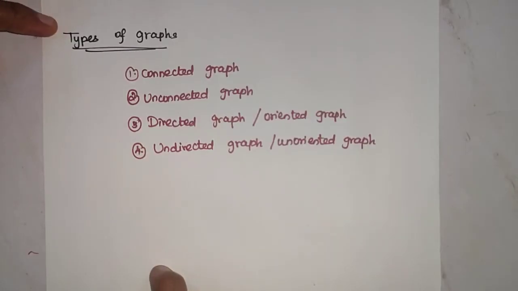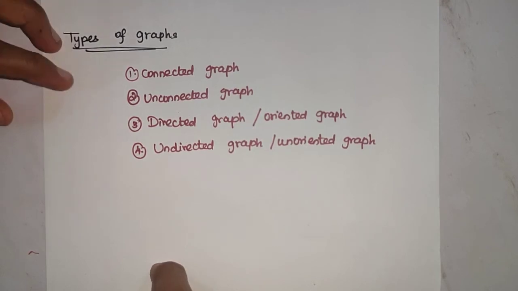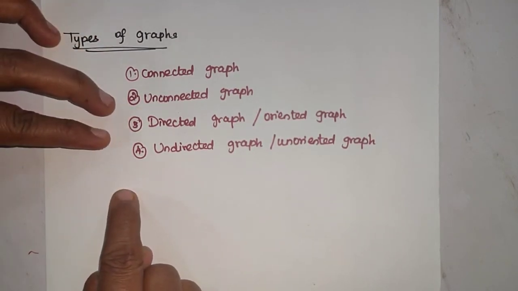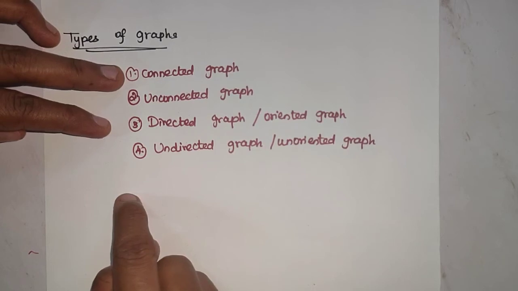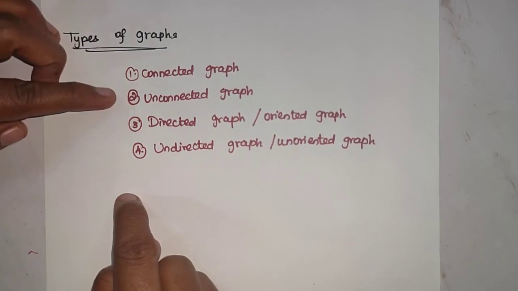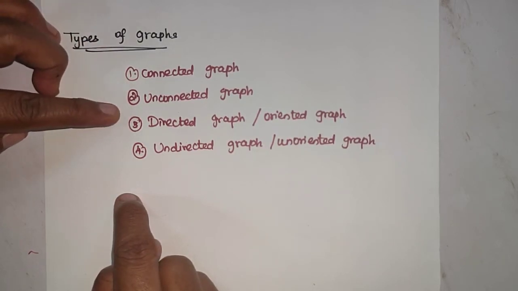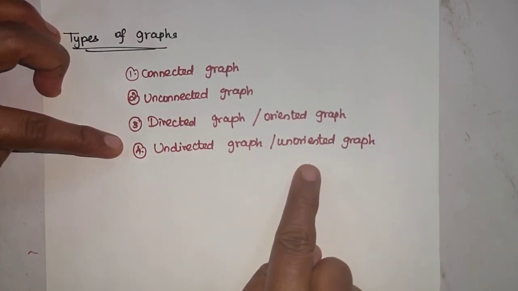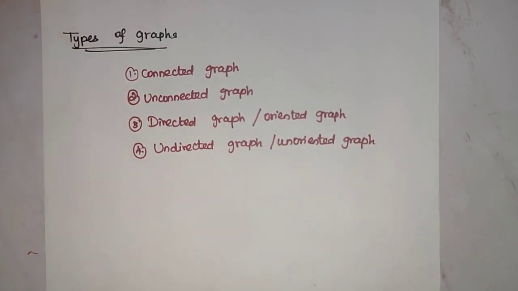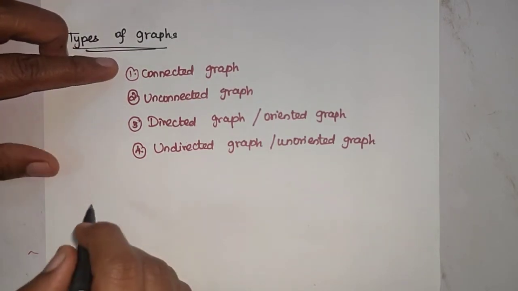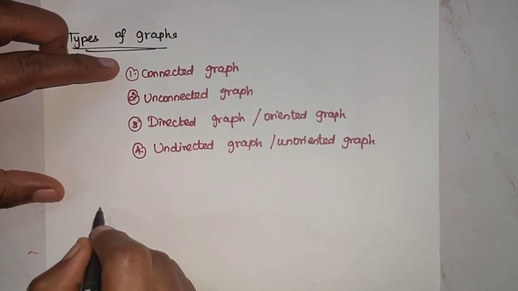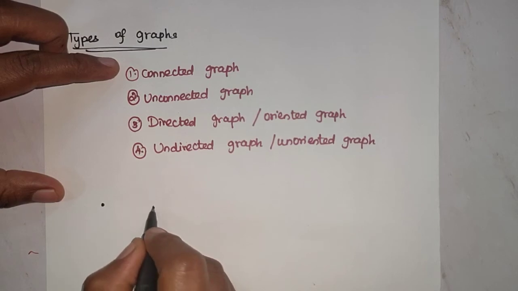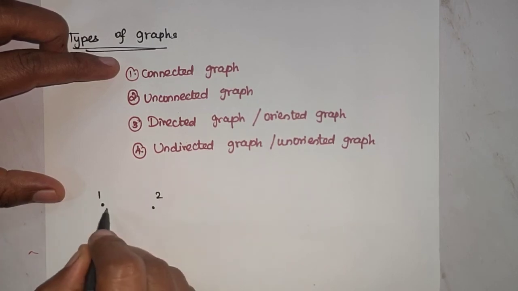Then we see types of graphs. There are 4 types of graphs. First one, connected graph. Second one, unconnected graph. Third one, directed graph or oriented graph. Fourth one, undirected graph or unoriented graph. First, connected graph. Connected graph is nothing but there is a connection between one node and second node.